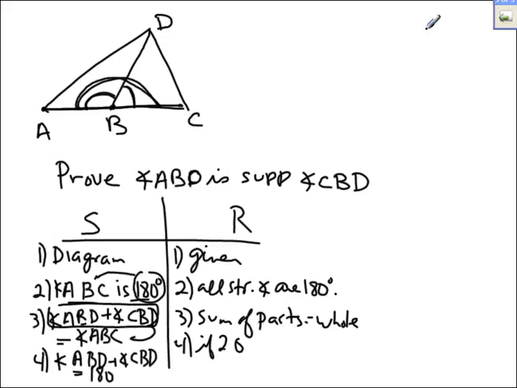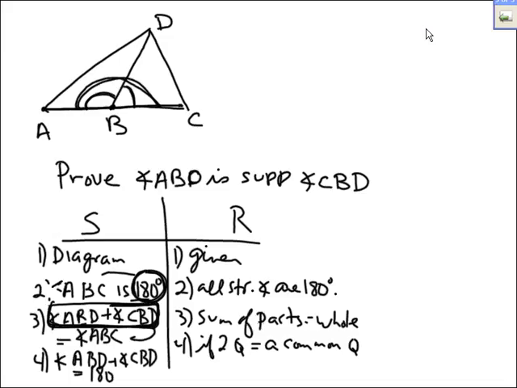Why is this equal to 180 degrees? If two quantities equal a common quantity, which two quantities? This sum and this angle, they both equal a common thing. Sorry, I take that back. They both equal 180 degrees, and what's in the box here, angle ABC.